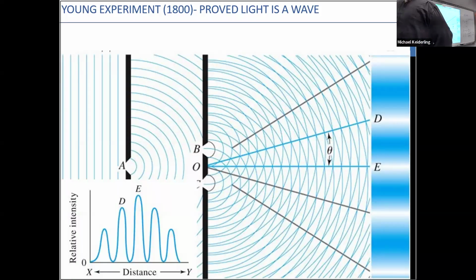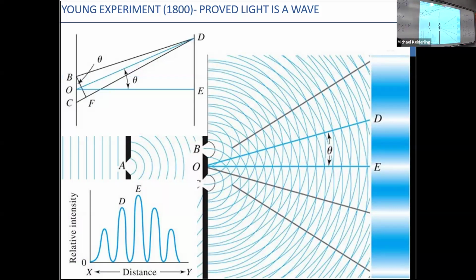But you get some sort of interference pattern. And this is something that waves do. And basically, the difference in distance that's traveled has to do with the angle and the spacing between these two. The spacing between the slits and the angle. And it's the sine of the angle.